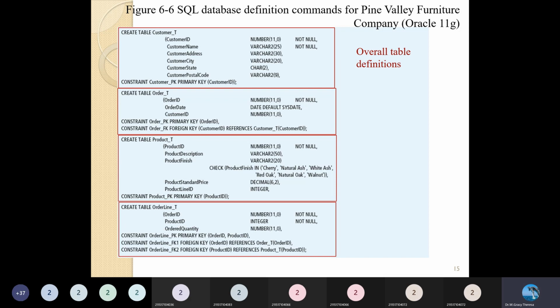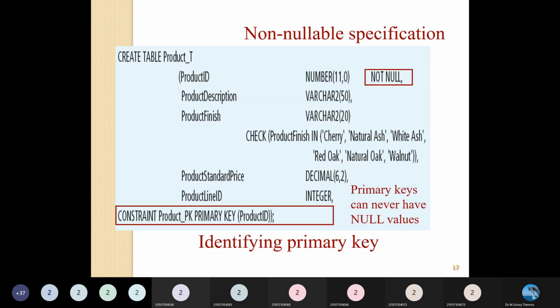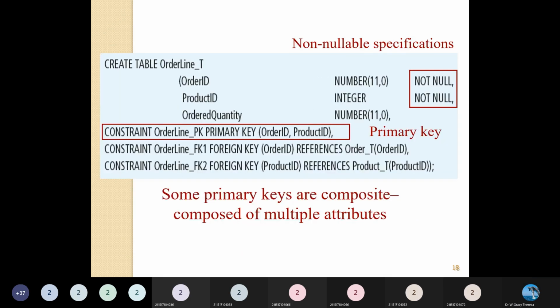Whereas your order is a child table, whereas customer is a parent table. So here customer ID in order table is considered as a foreign key. Okay.